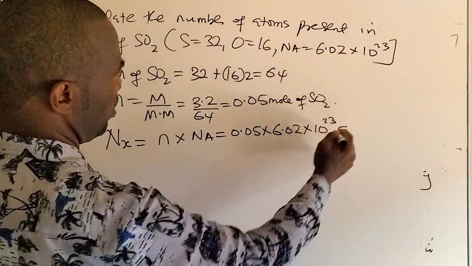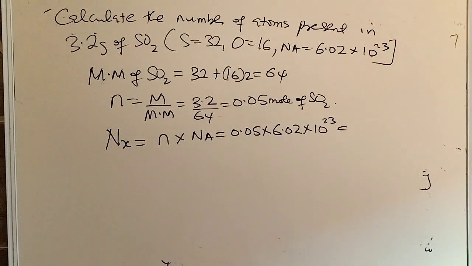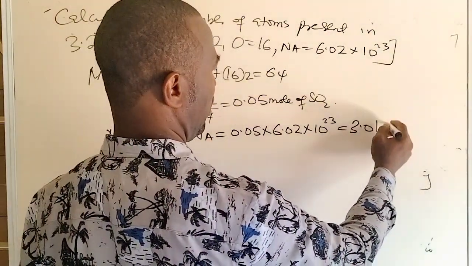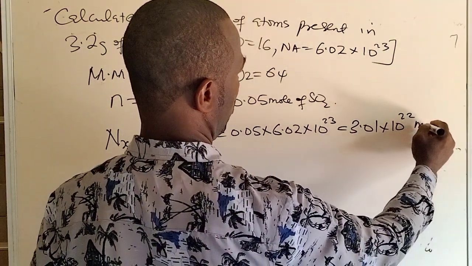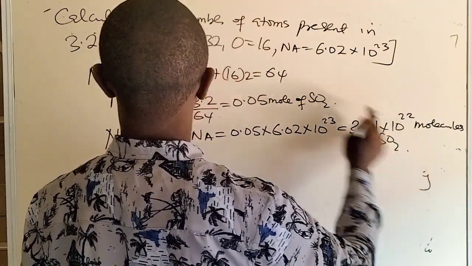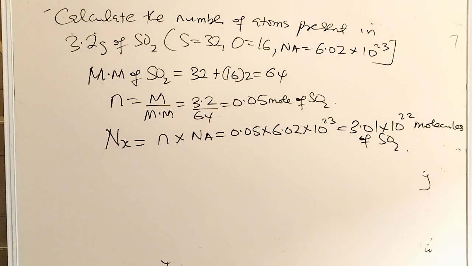When we multiply this, we'll get 3.01 times 10 to the power 22 molecules of SO2 present in 3.2 grams.